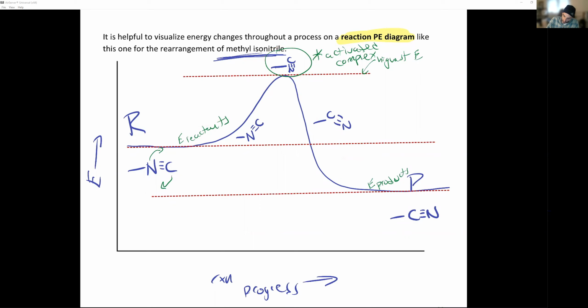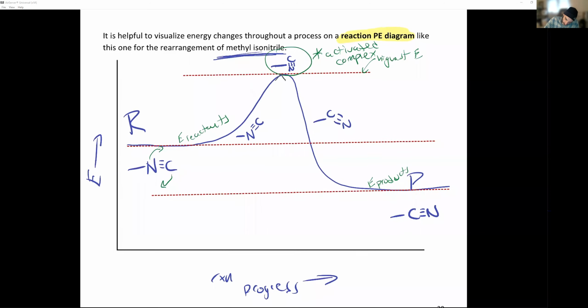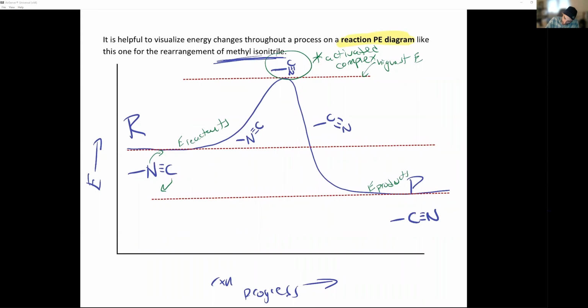So a couple of things that we're interested in here. I said we have the energy of the reactants and the energy of the products. We would call the energy from the reactant to the top of this peak, let me use a different color for this, this energy from here to here, the activation energy of the forward reaction.